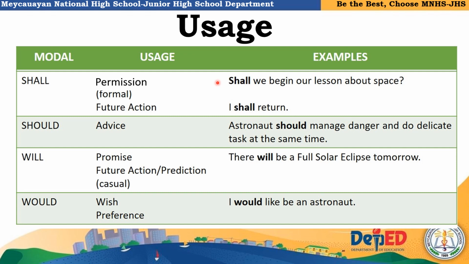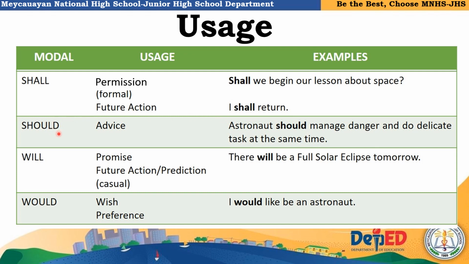As you notice, the writer or the speaker in this sentence is asking permission in a formal way to begin the lesson about space. And then we have future action, I shall return. We all know this quotation. This is the famous line of General Douglas MacArthur.